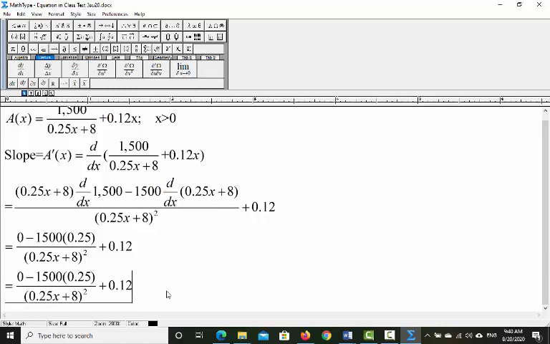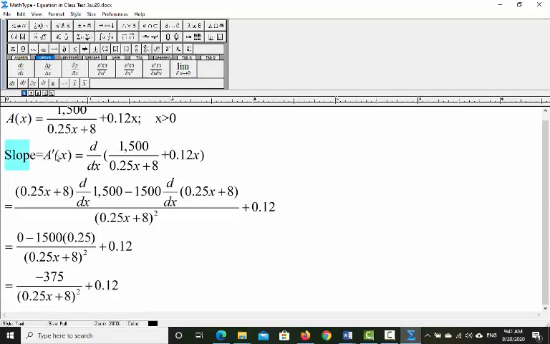So 1500 minus 0.25, that means quarter of this one. So quarter of this one means like 375. So we will have 375 here, right? Right. So this is the slope function.